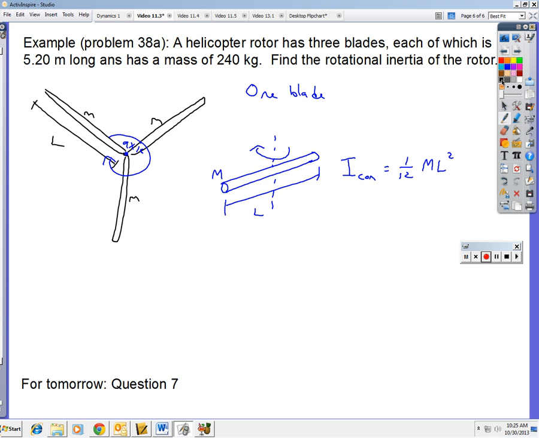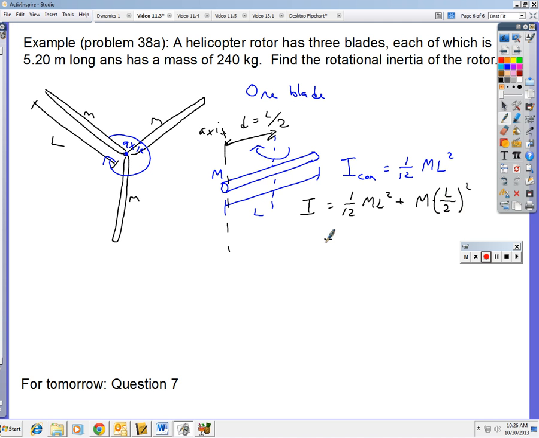But we want to find the moment of inertia about the end. So we'll use the parallel axis theorem, where d is half of L. So we're going to move the axis L over 2, and so the moment of inertia of one blade is the center of mass moment, 1/12 mL squared, plus the mass times the distance it moves, which is L over 2, squared.